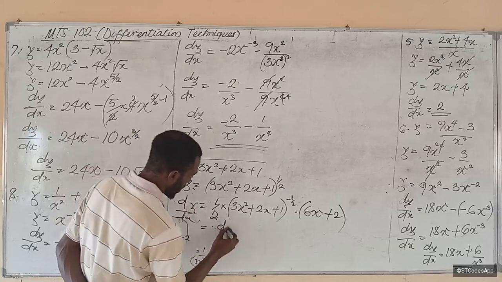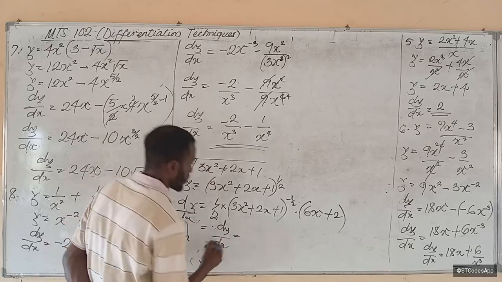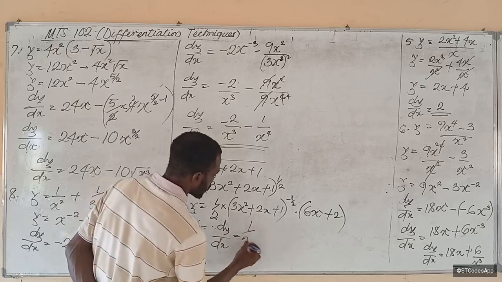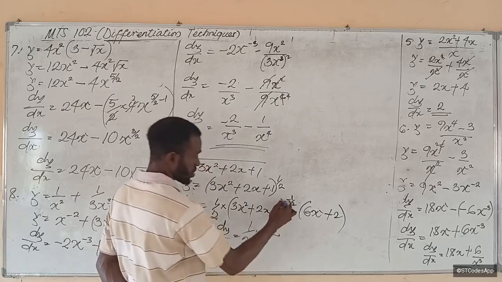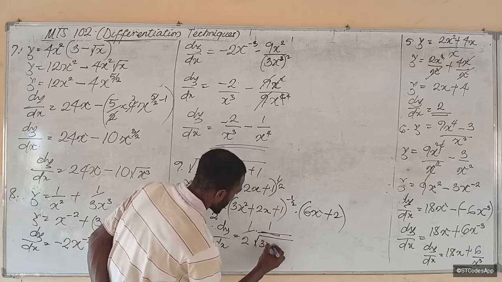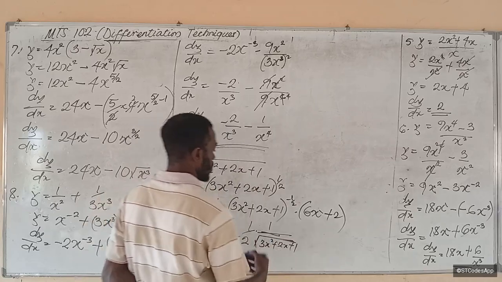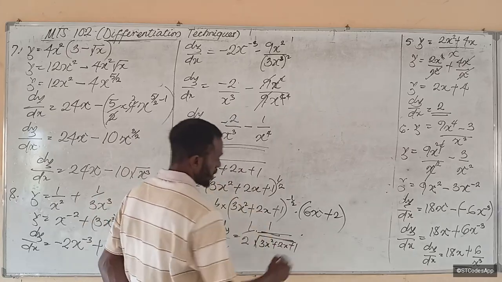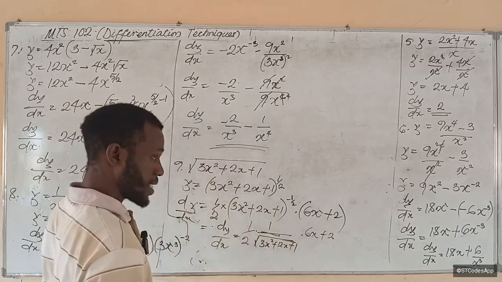So that we now have dy dx will be equal to, now, 1 over 2 multiplied by, this entire thing means 1 over, because it's negative, 1 over the square root of 3x squared plus 2x plus 1, okay? Then multiplied by 6x plus 2, okay?